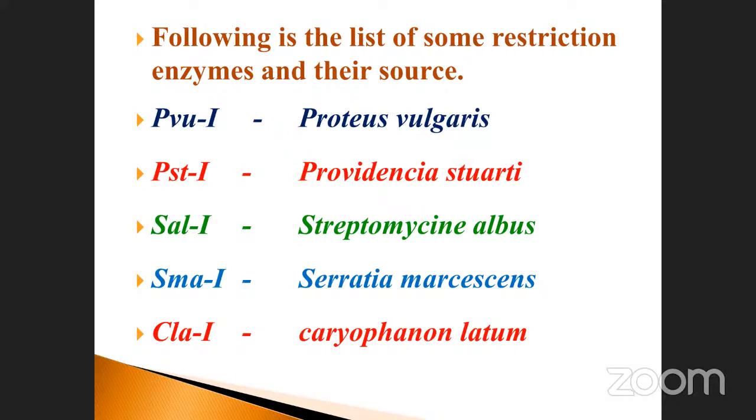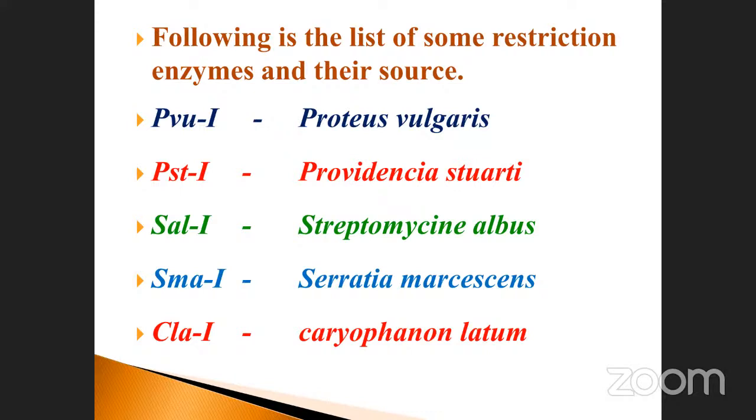See that the first letter denotes the genus name and the following letters the species. Just imagine the first letter P here; for PST, the first letters come from the genus. Here SalI, S denotes Streptomyces albus. SmaI is from Serratia marcescens, and all are having 1, 1, 1, 1, isn't it?